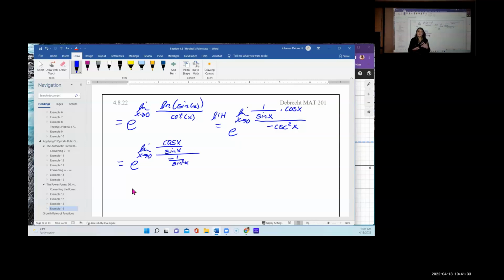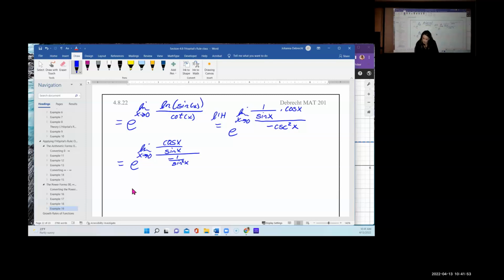Remember, cosecant is the reciprocal of sine. So I'm using algebra and trigonometry to rewrite this. And then remember what we just said before, the denominator of the denominator is in the numerator. The denominator of the numerator goes to the denominator.